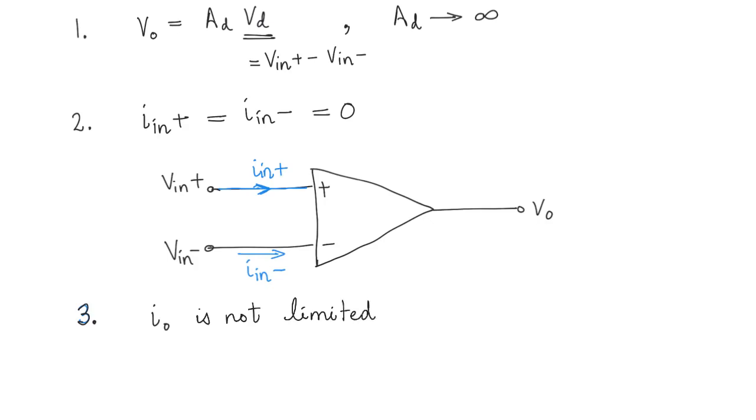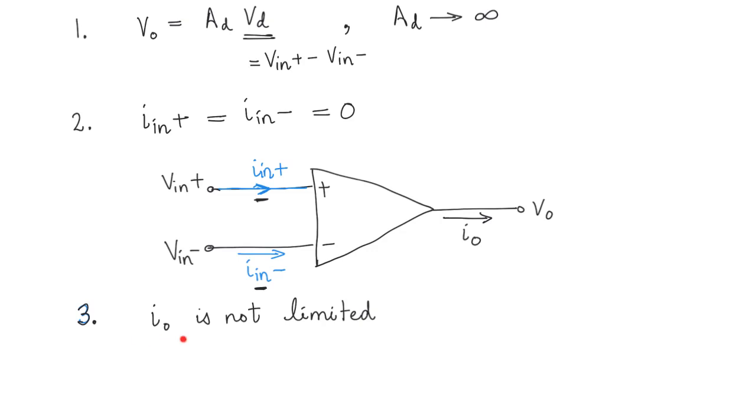Just like the current that is flowing into the inverting terminal and the non-inverting terminal, similarly the current that flows out of the output is called IO. It is the current that's flowing out of the output terminal, or perhaps it is the current going into the output terminal. I mean, it could be either way.